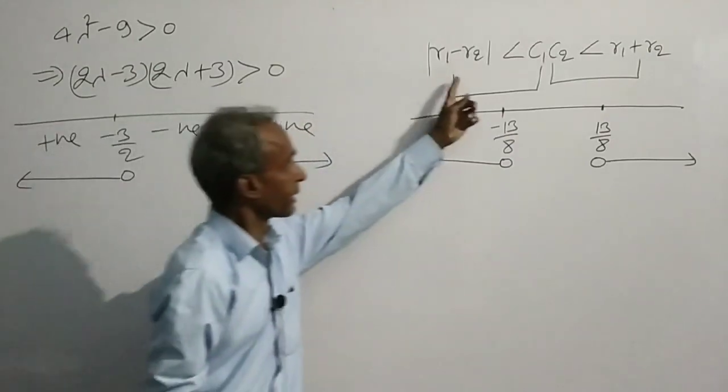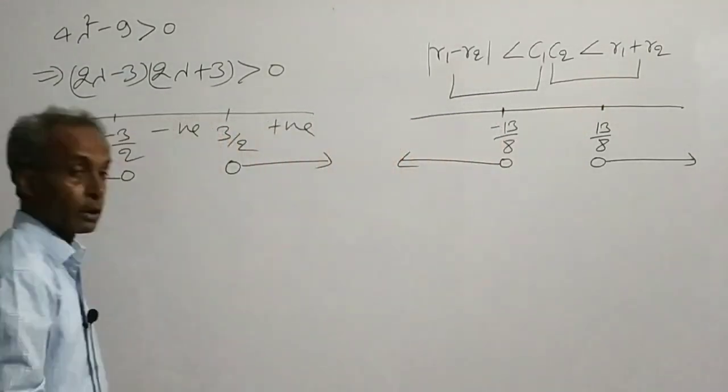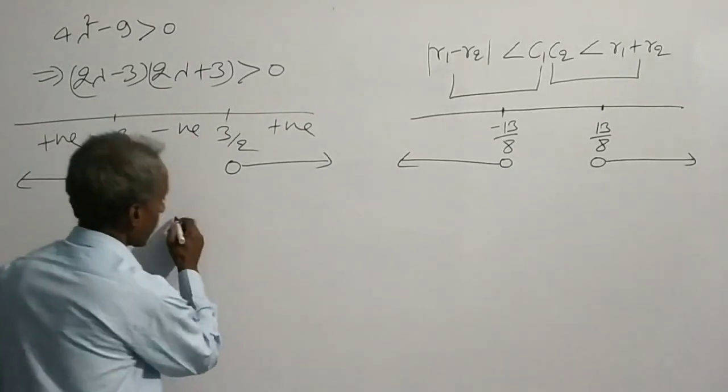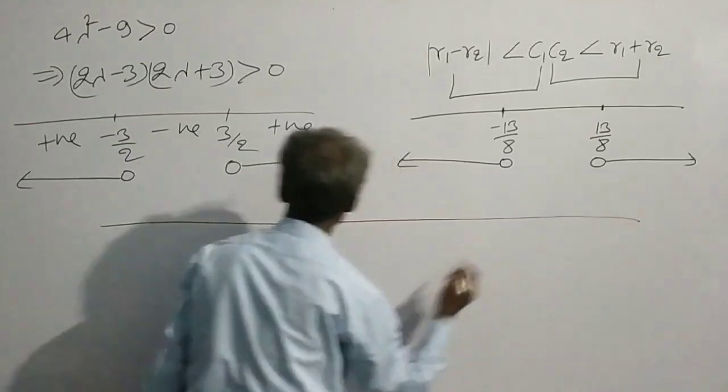Both these conditions, this condition and this condition, should be fulfilled. Therefore, we draw a real line.